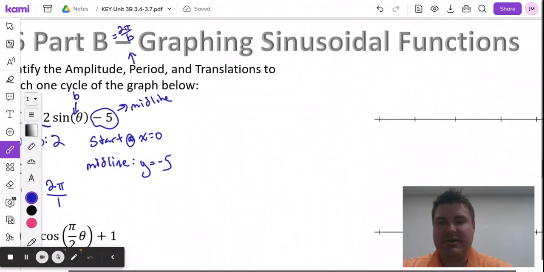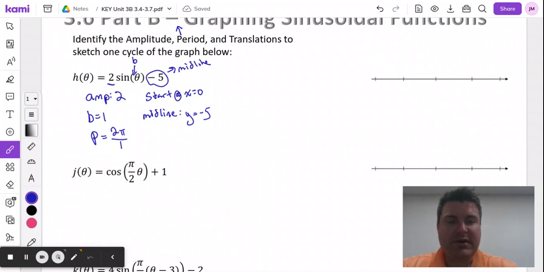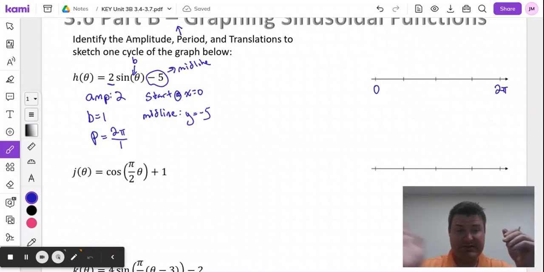All right, so I'm going to come on over here, and since I have a starting point of 0, it's going to go right here. And my period is 2 pi, so that's my last part of my cycle. Okay, so I have 5 points here. The endpoints: where we start is the left side, and then we add the period to get the last point. So 0 plus 2 pi is 2 pi.